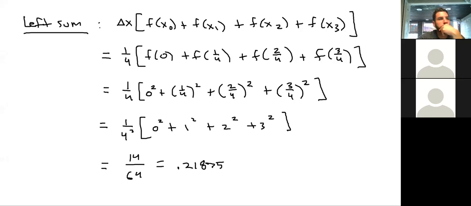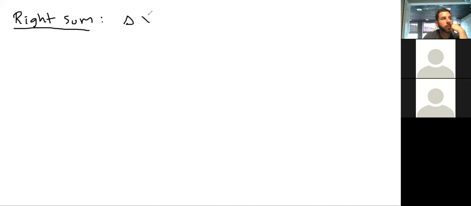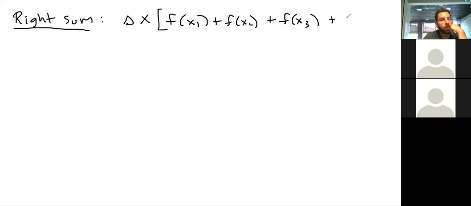All right, so if we do the right sum now, the right sum looks like this. It's delta x times, now you start here. And so you plug these in, you have 1/4.